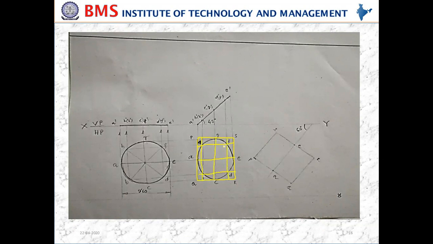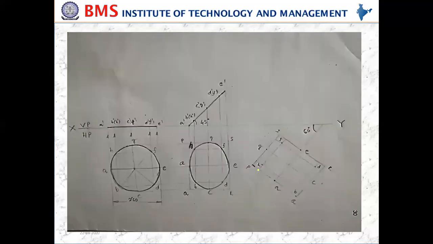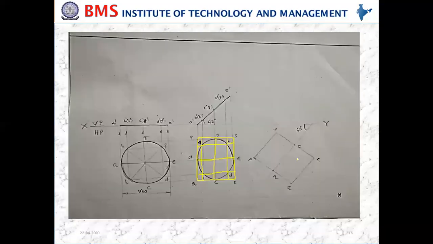So all of this is constructed here, the same as what I have drawn, by keeping the AE on the 60 degrees line.